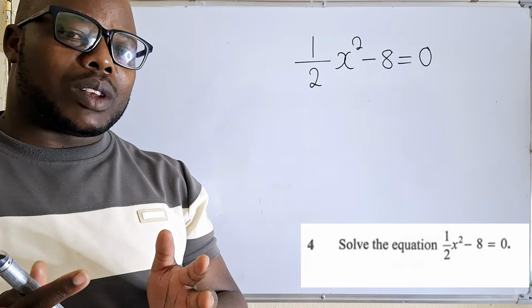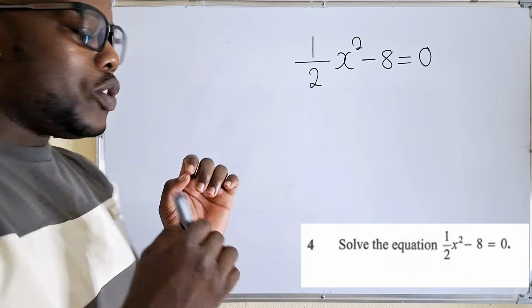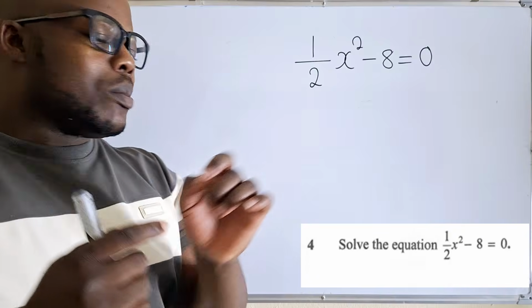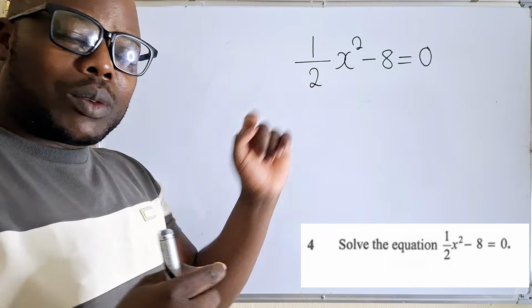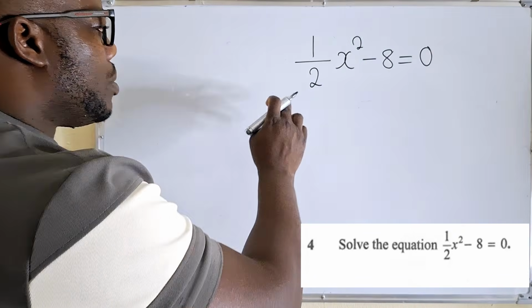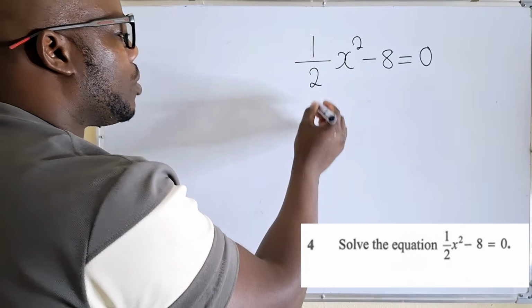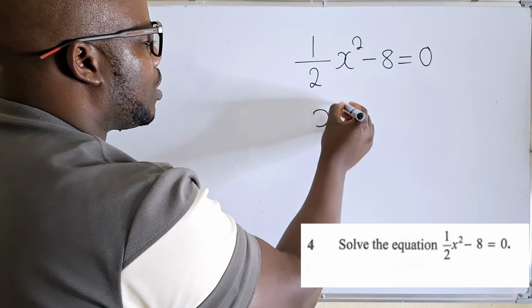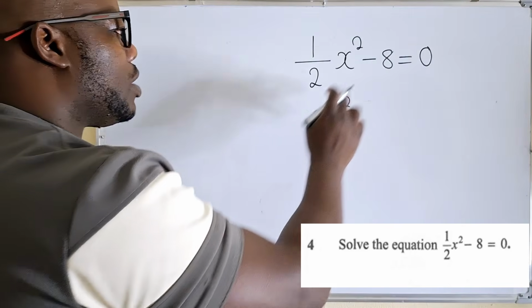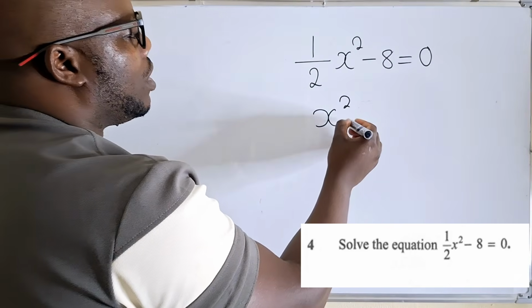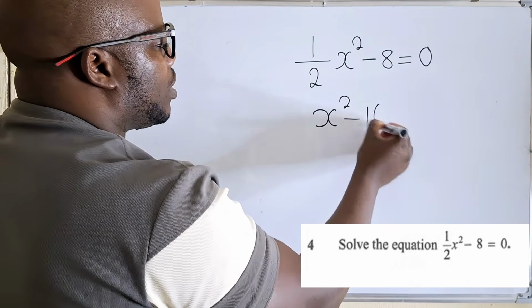That's the first thing that we need to do. So we are going to multiply each term by the denominator, which is a 2. So when we say 2 times 1 over 2 times x squared, this will give us x power 2. And then 2 times negative 8, it's negative 16.